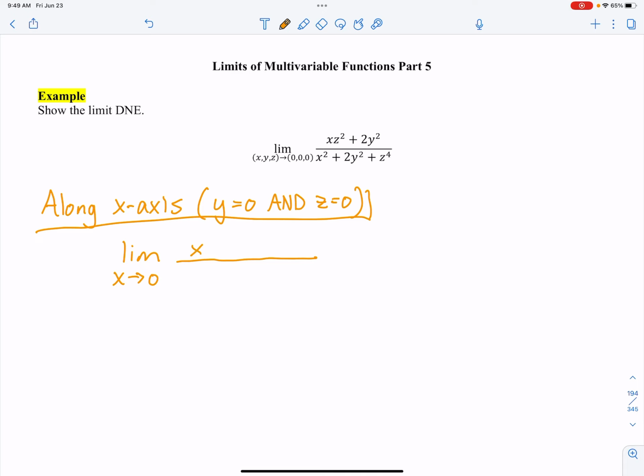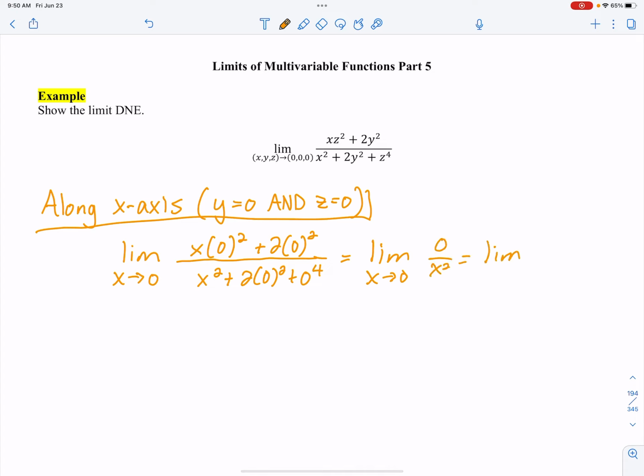So x times 0 squared plus 2 times 0 squared over x squared plus 2 times 0 squared plus 0 to the 4th. Okay, we get the limit as x approaches 0 of 0 over x squared, which is the limit as x approaches 0 of 0, which is 0.